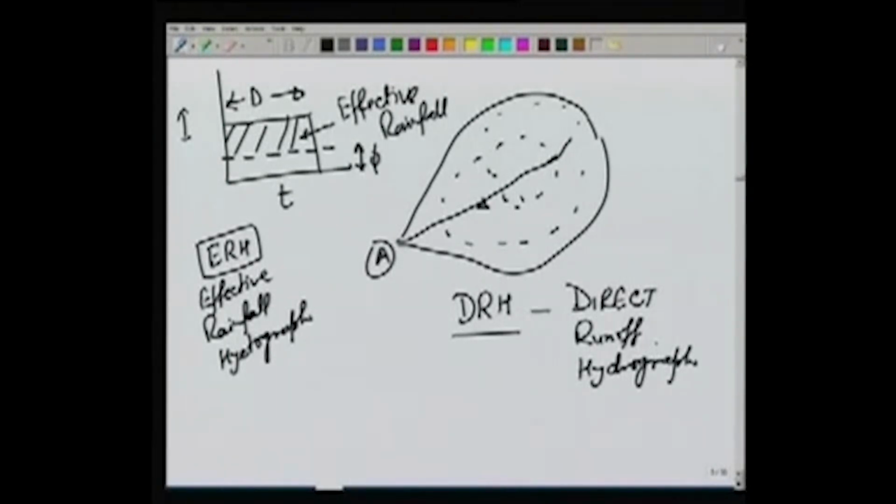So if you look at this catchment, the one important factor is known as the time of concentration.